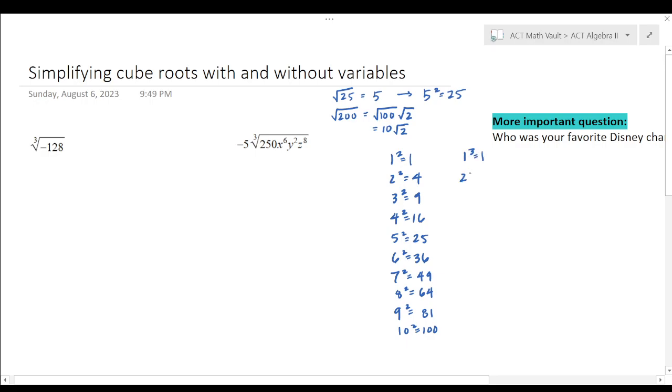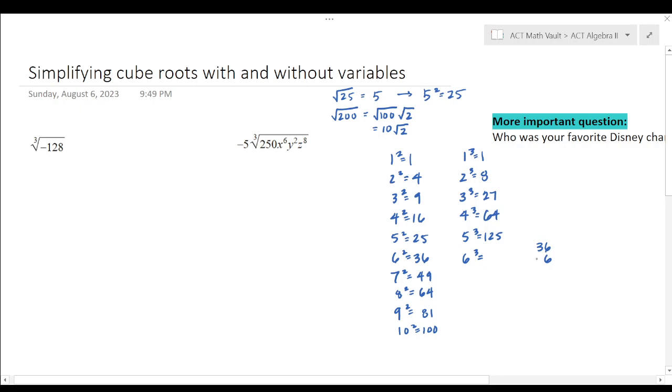1 cubed is 1, 2 cubed is 8 because it's 2 times 2 times 2. 3 cubed is 27. 4 cubed is 16 times 4, which is 64. 5 cubed is 125. 6 cubed is 36 times another 6, which is 216.